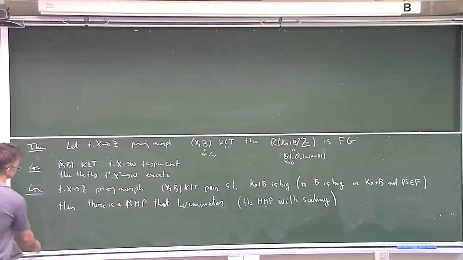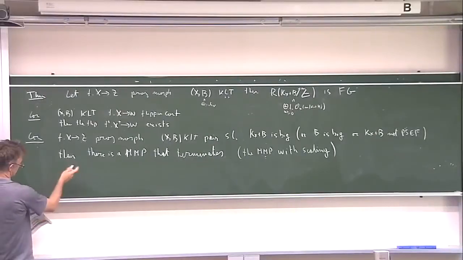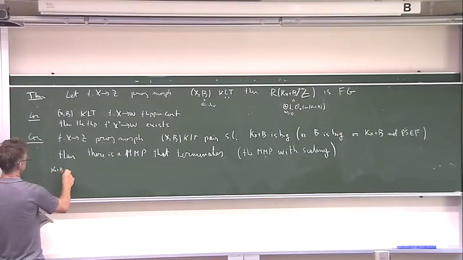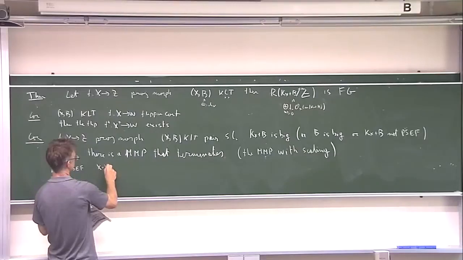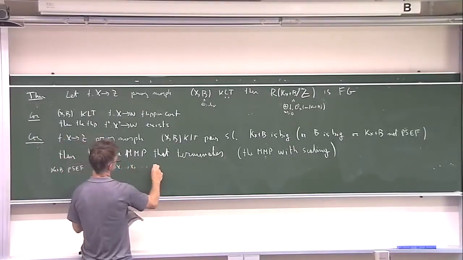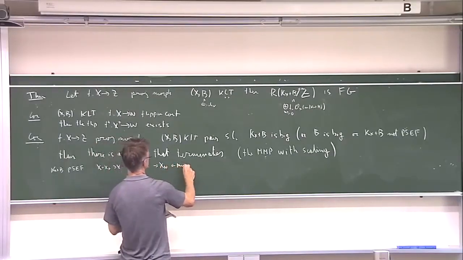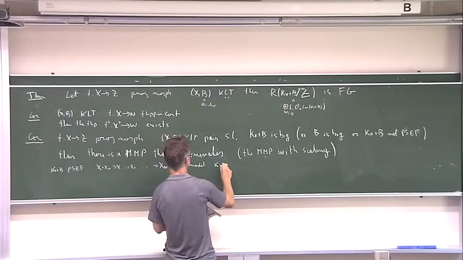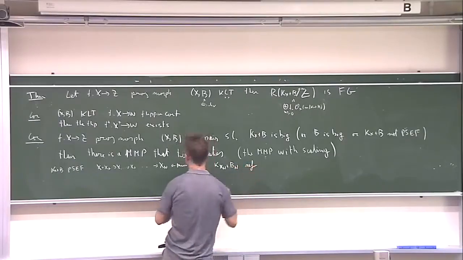And so maybe I should also mention the last one. So in this case, K_X+B pseudo-effective means that I have X = X_0 to X_1 to X_2, I mean, I've already said this, but it bears repeating, to X_n. This is a minimal model. So K_{X_n}+B_n is nef.